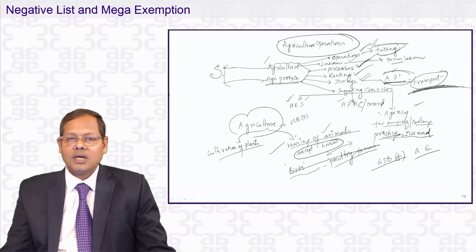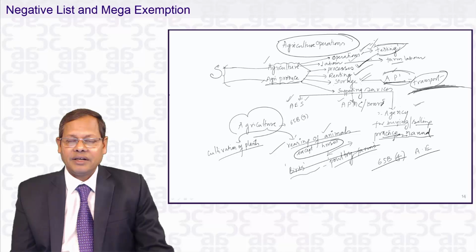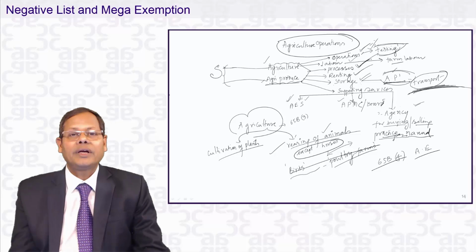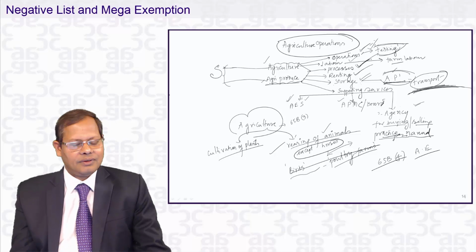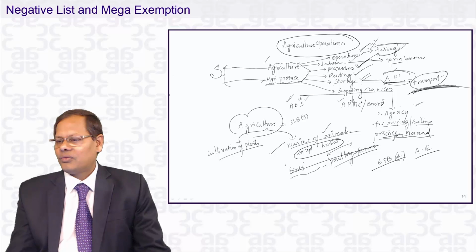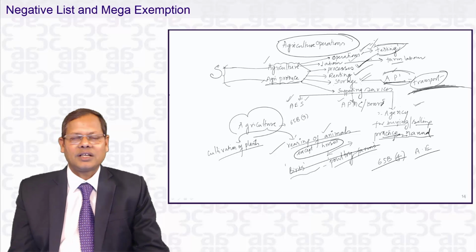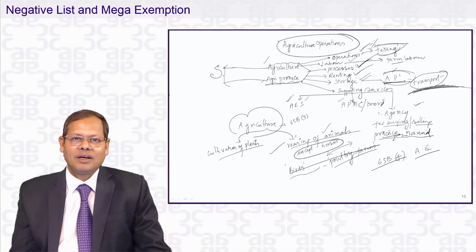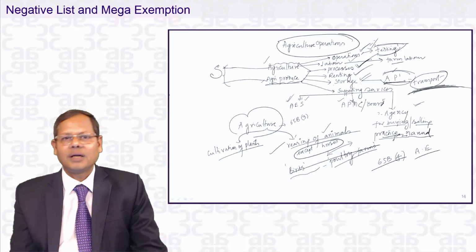For example, some conference hall or meeting hall is rented to conduct a meeting to give training to the farmers. That is in the negative list. Suppose it is rented to conduct a marriage in the family of agriculturists, or some function or meeting not connected with agriculture, maybe a political meeting.